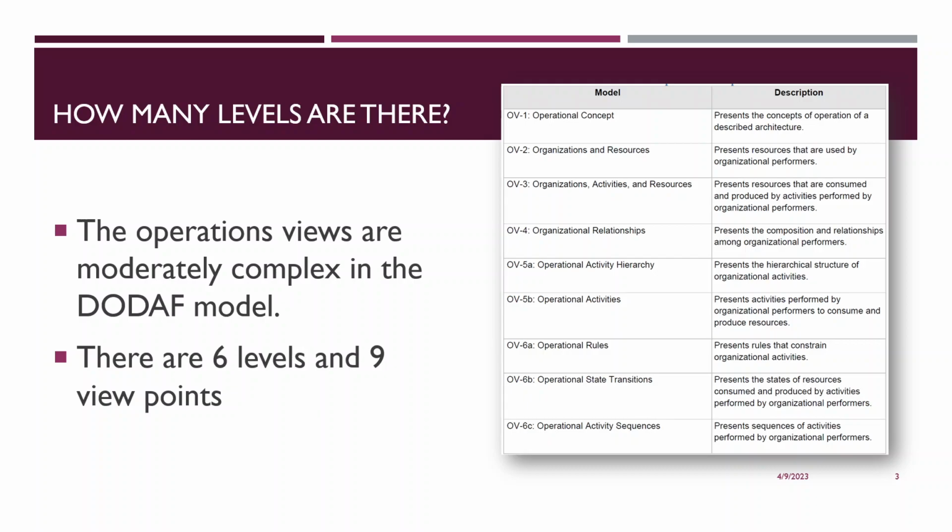But for now, operations views are moderately complex in the sense that we've got 6 levels and 9 viewpoints, and they describe things from all different levels. So you've got your operational concept at the OV-1, organizational and resource view at the OV-2, activities and resources getting layered into that in OV-3, and the relationships and the activity hierarchies and the operational activities, and you see where this goes. But they get into increasing detail.